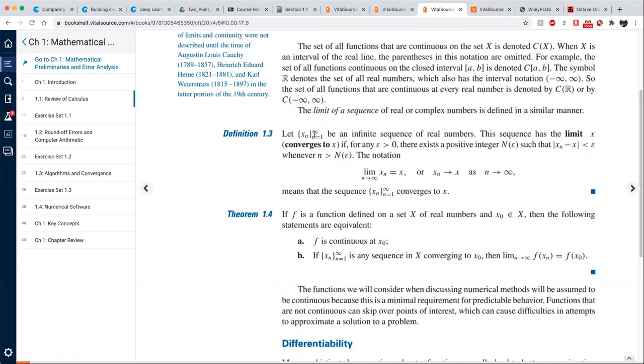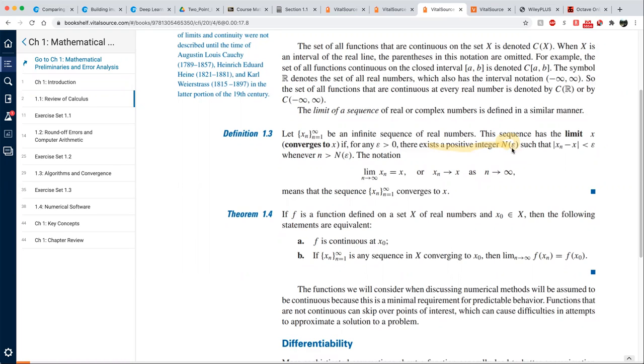So let x_n be an infinite sequence of real numbers. This sequence has the limit x, or we can say it converges to x, if for any epsilon there exists a positive integer N of epsilon. This means the positive integer N depends on epsilon.